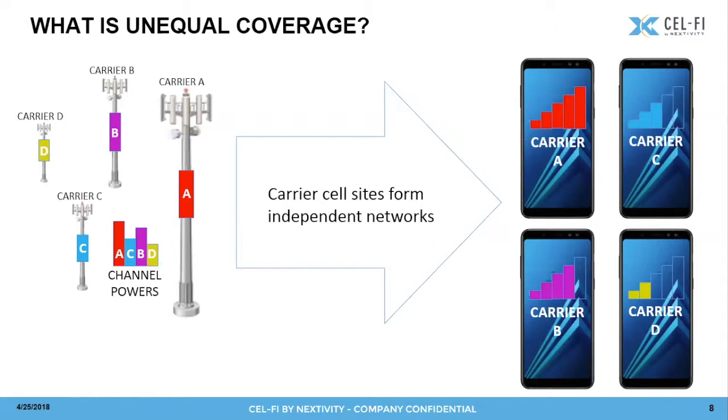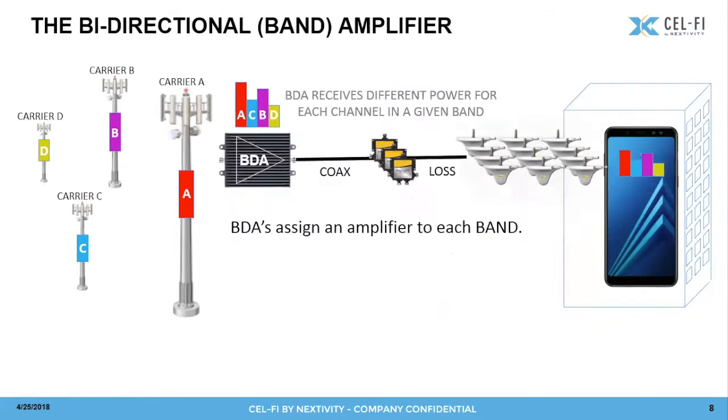The tower for your operator, A in this case, may be much closer to you, so the person holding a phone for carrier A is going to get a great experience, whereas the other operators' towers might be further away. As you can see, carrier D here is only showing a couple of bars because carrier D's tower is much further away.